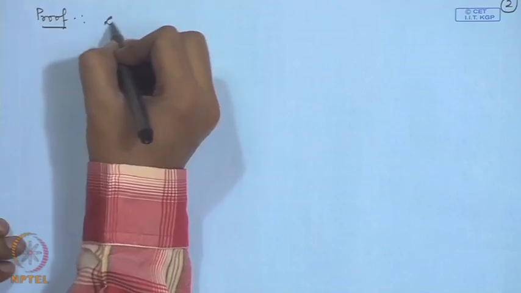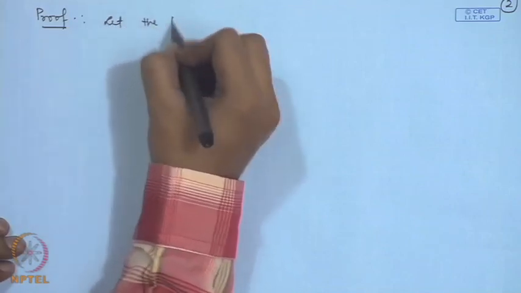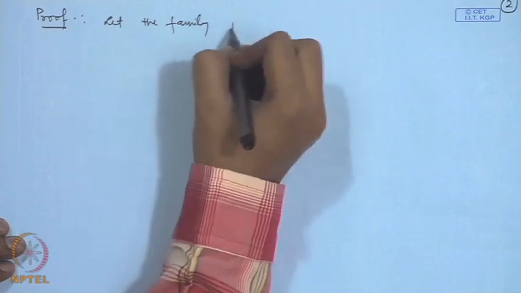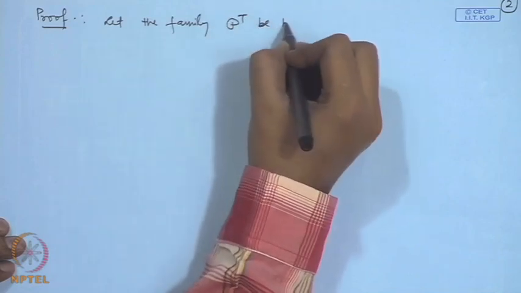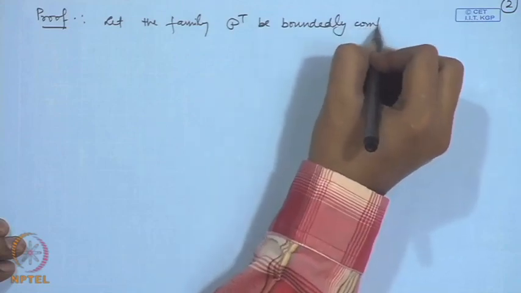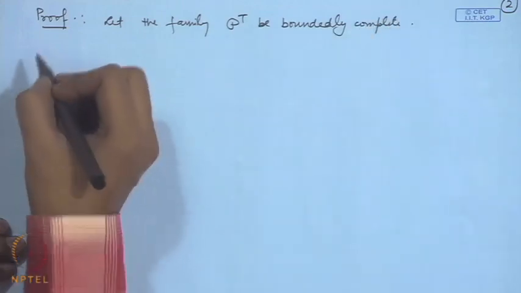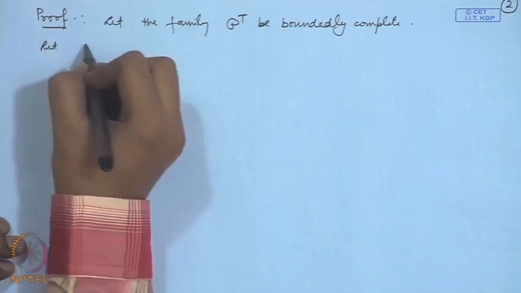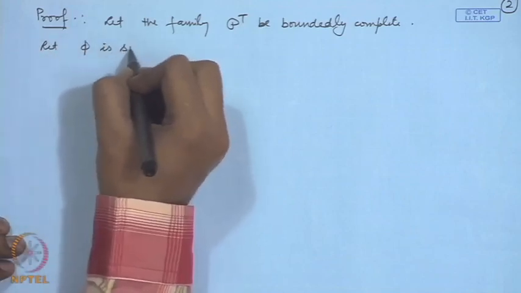So, let the family P_θ^T be boundedly complete, and let us assume that φ is similar.